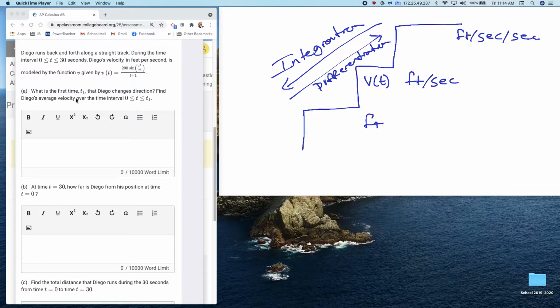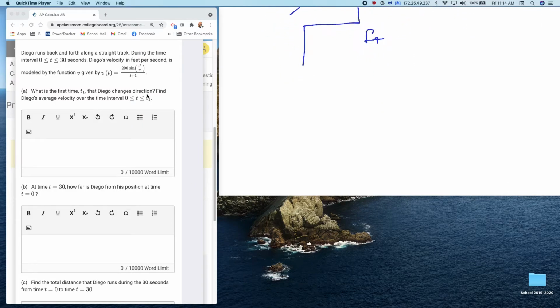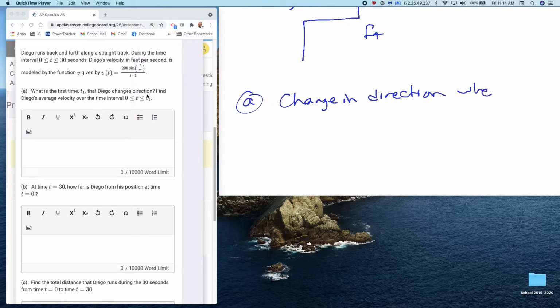So then it says, what is the first time that Diego changes direction? So you get a calculator. In part A, you get a change in direction when v of t changes signs.